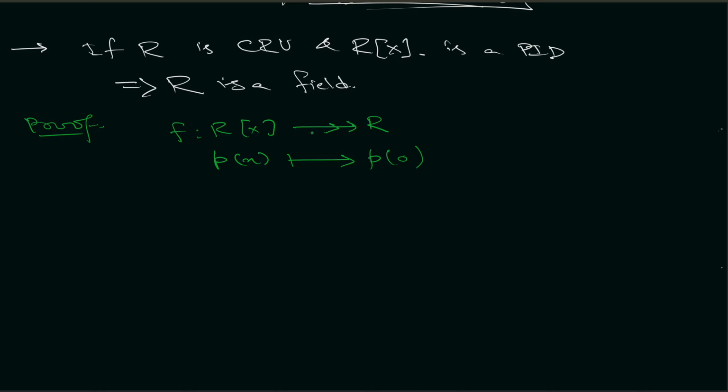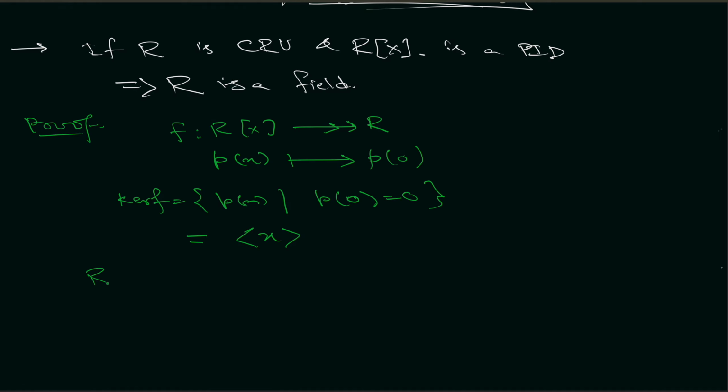This is an onto ring homomorphism, a surjective ring homomorphism, and the kernel of f is all those polynomials p(x) such that p(0) is 0. P(0) means the constant term is 0 here. So this means that the kernel is the ideal generated by x.